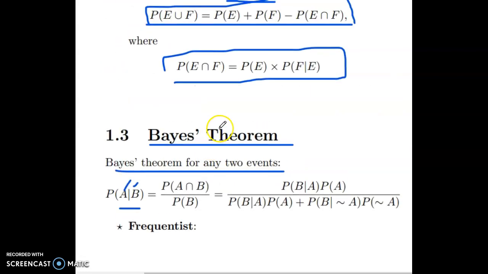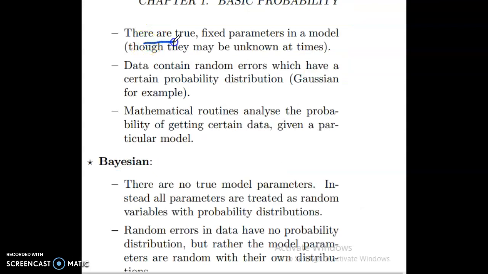Frequentist. There are fixed parameters in a model, though they may be unknown at times. Data contains random errors which have a certain probability distribution, Gaussian for example.